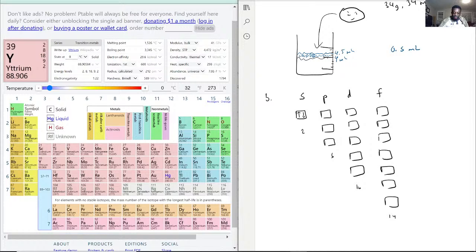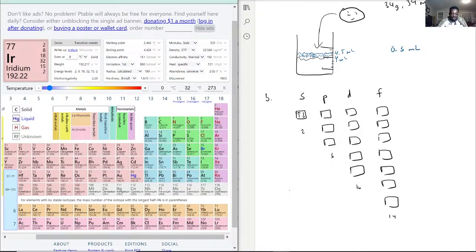That is the first row of S. Now you're probably thinking that the second row of S would actually be the next one, beryllium, but funny enough, it's actually going to be the noble gases.